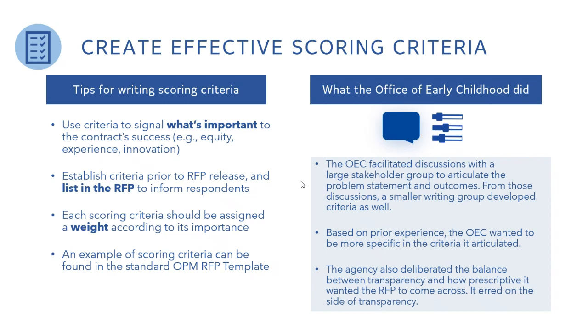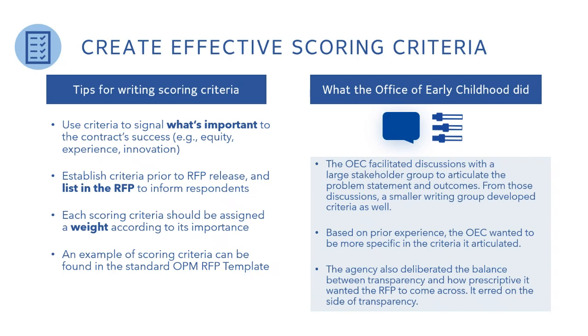One of the other things that we worked on is, how did we establish weighting them? And so the RFP team, obviously we started with an initial allocation of how much each of these criteria would be weighted within the scoring process, and then it was vetted with OEC senior leadership before the final approval.